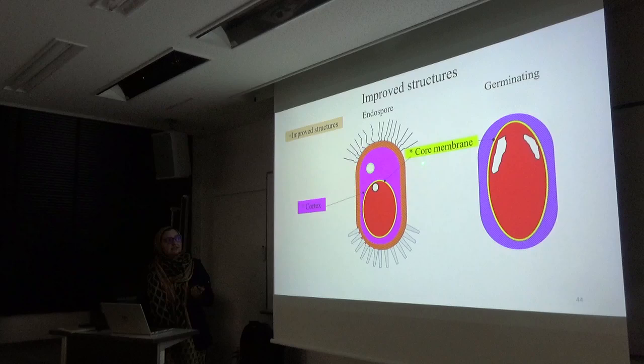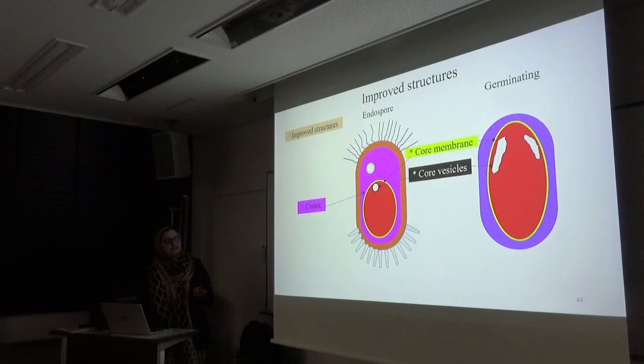Next, I could see the core membrane at high resolution, both in the endospore and during the germination process. When I observed the endospore by quick freeze, these vesicles were normal vesicle-like structures, but during the early stage of germination, these vesicles integrate, disintegrate, and merge with the membrane.